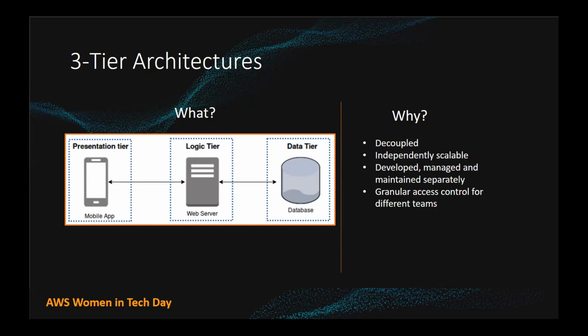Do they require access only to the logic tier, or only to the presentation tier? And you can also isolate the fault, so that it will not have a ripple effect on the other two tiers. Should there be any disturbances in your presentation tier, it will not have a ripple effect on the logic tier and data tier.